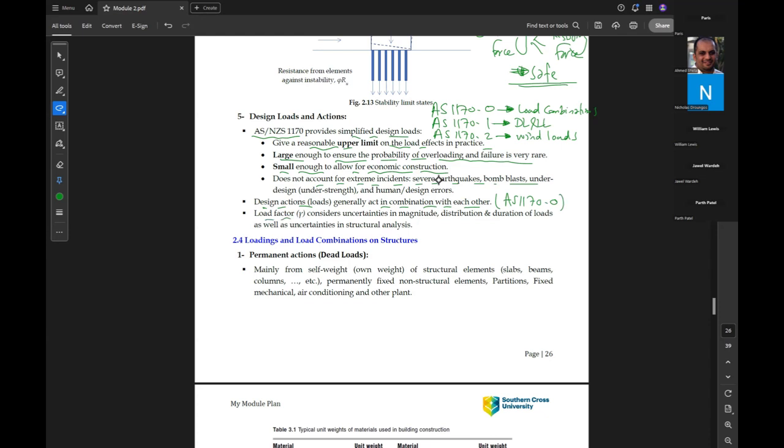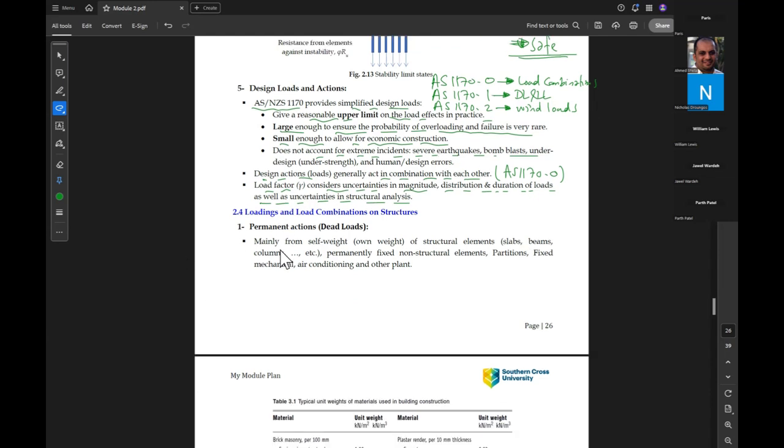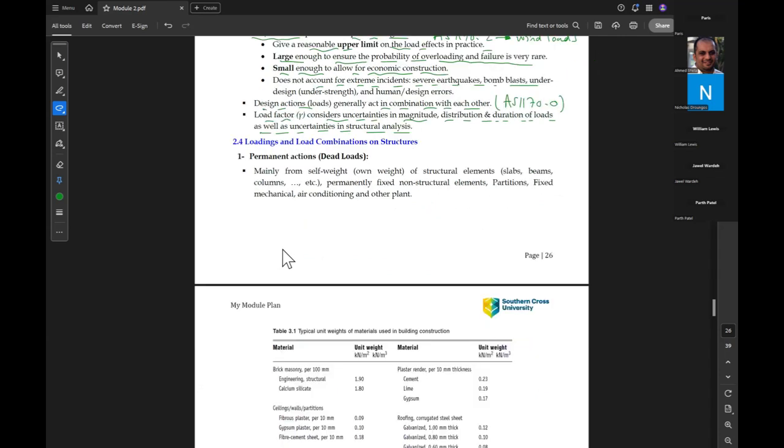Load factor, gamma, considers uncertainties in magnitude, distribution, and duration of the loads. So all these loads will be calculated using the 1170 standard, because the steel standard is only for the design and properties of steel.